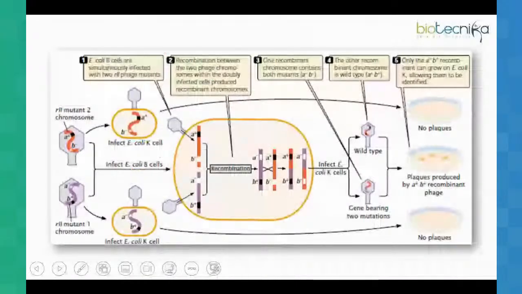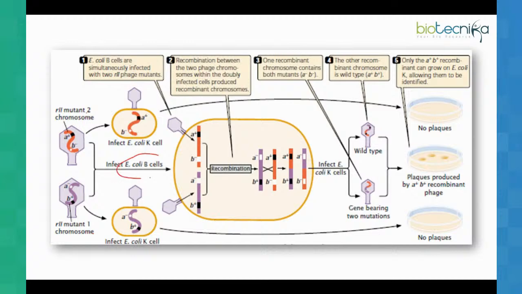I have got this image also. This is the image that you will find in many books. This is R2 mutant 1, and this is R2 mutant 2. When they both infect the B cell first, that is how they recombine. When they recombine, they produce two varieties: one is A plus B plus, one is A minus B minus.